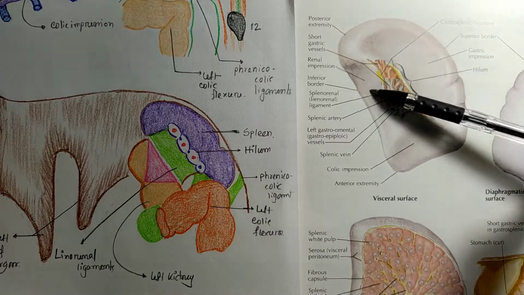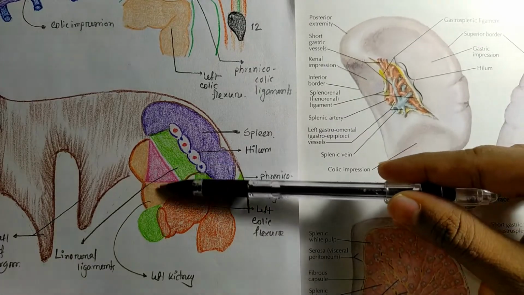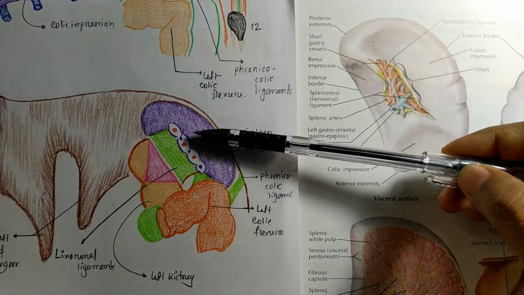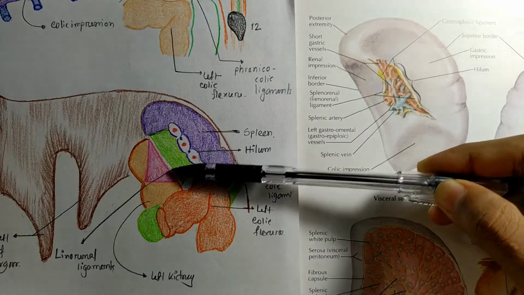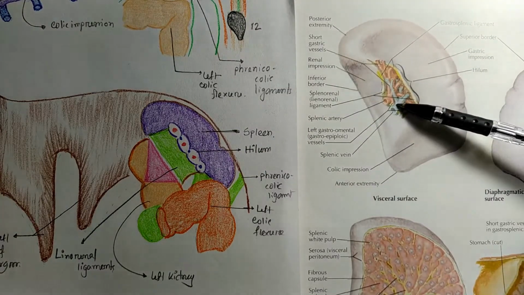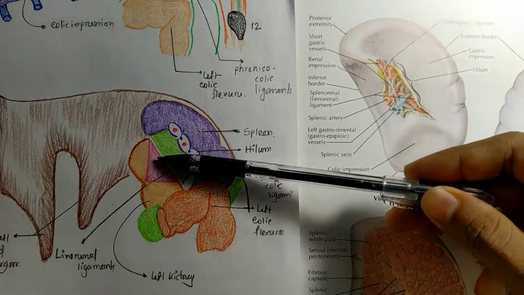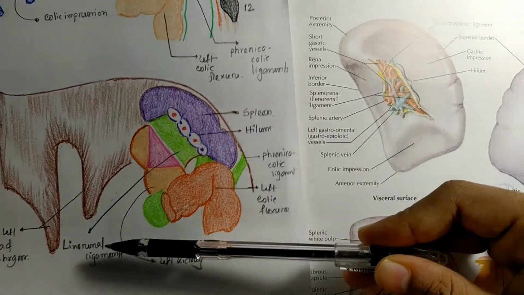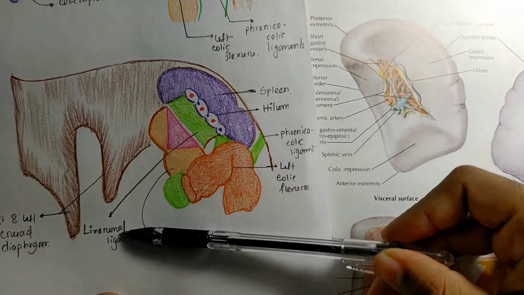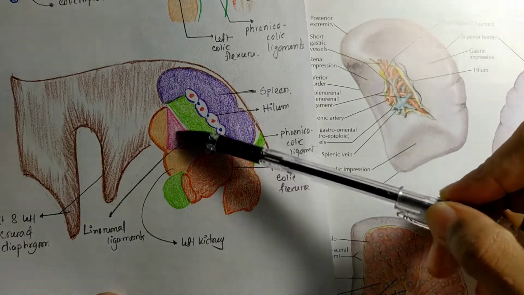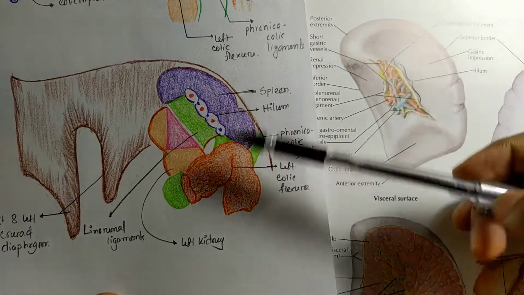So here the part of the left kidney is present with the peritoneal ligament that is called the lienorenal ligament. So the hilum of the spleen will attach with the anterior surface of the kidney with the lienorenal ligament, because renal means a part of the ligament which is attached with the anterior surface of the kidney.